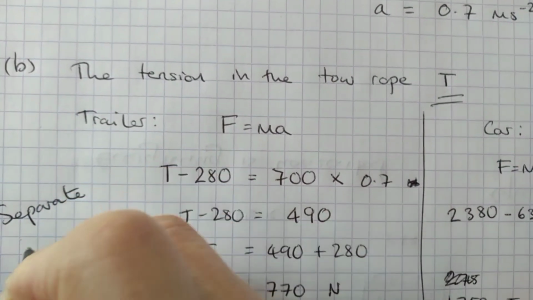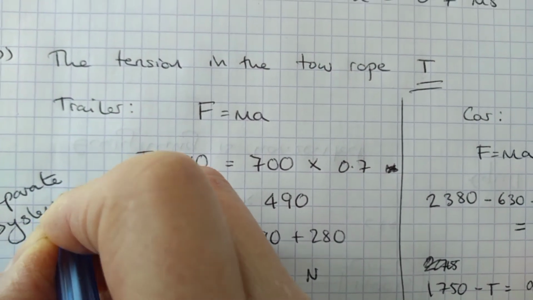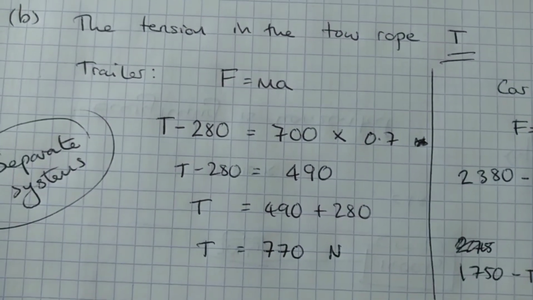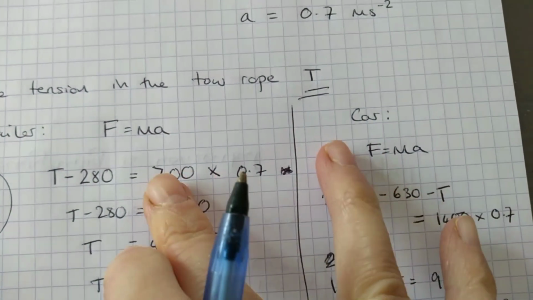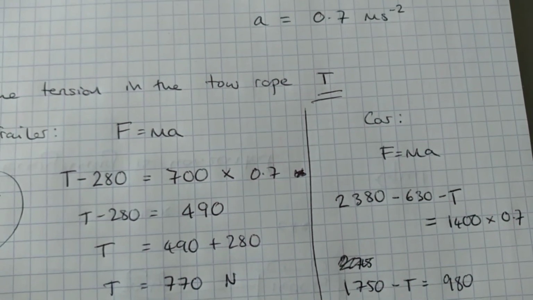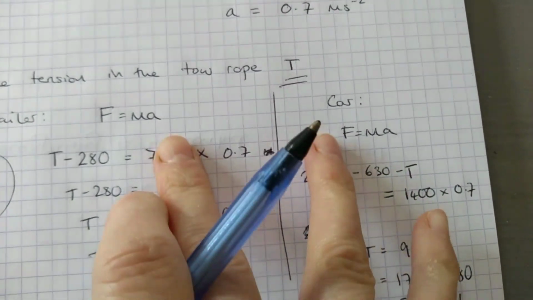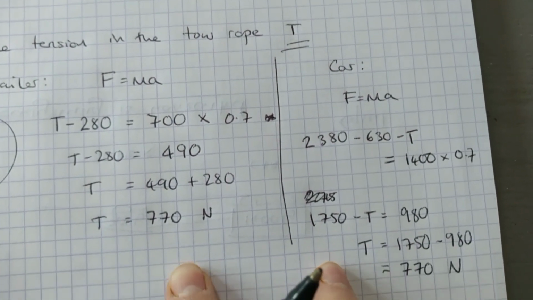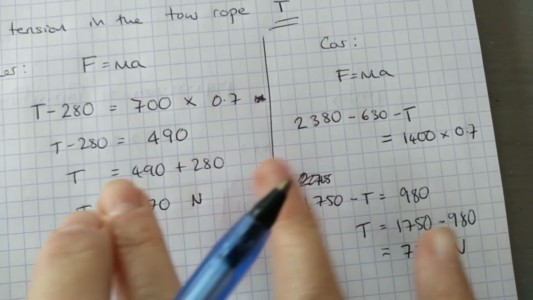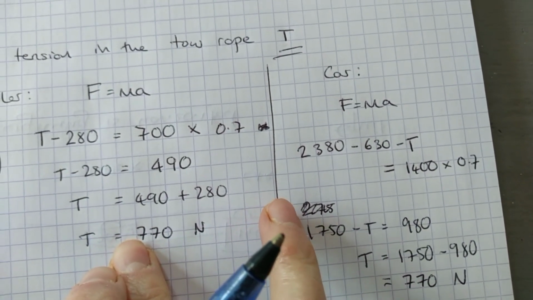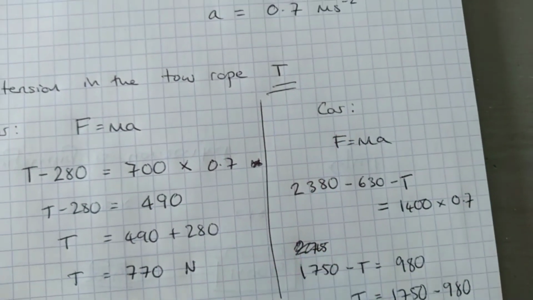So separate systems. And sometimes we need to do both. If we have two unknowns, for example, we might end up with simultaneous equations here that we can put together. In this case, we had enough information to use one or the other.